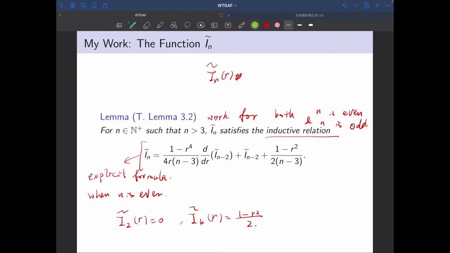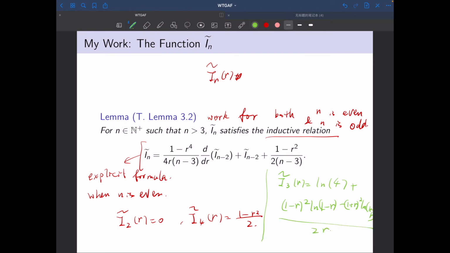The case when n is odd is more complicated, but we can still find that I_3 tilde of r is going to be natural log 4 plus 1 minus r squared natural log of 1 minus r minus 1 plus r squared natural log of 1 plus r, divided by 2r.